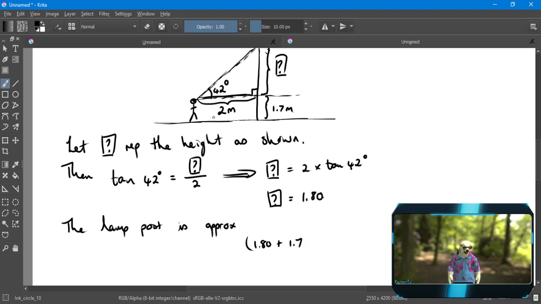That was my height above the ground, and I get 3.5 meters above, no, just tall or high, tall. And there we go.